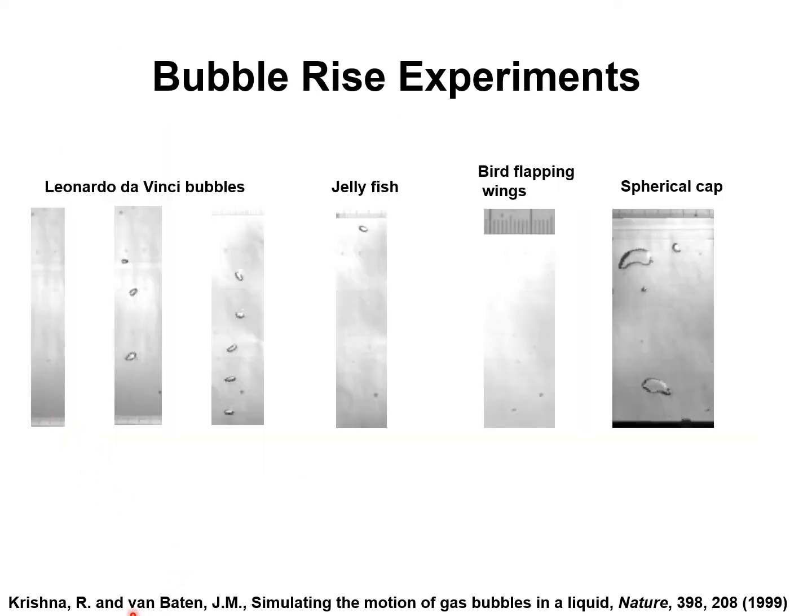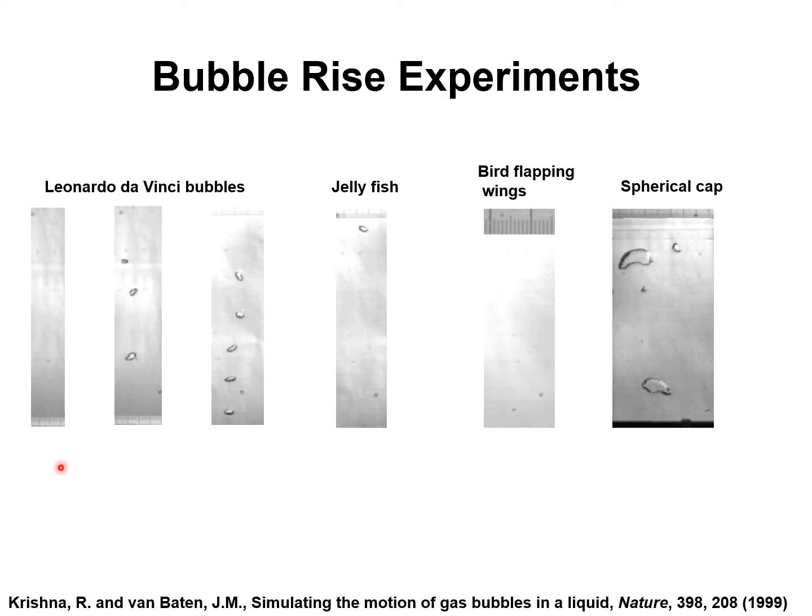After performing the simulations reported in this paper, we went to the laboratory and with the aid of a high-speed camera, tried to track the bubble motion as it rises through a liquid.